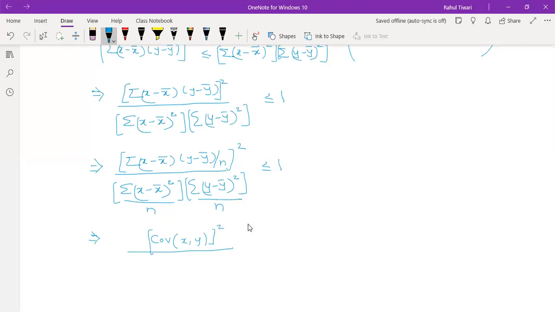This is the variance of x into variance of y, lesser than or equal to 1.